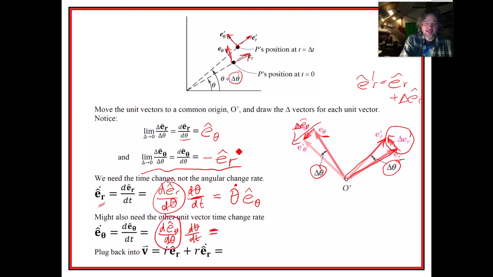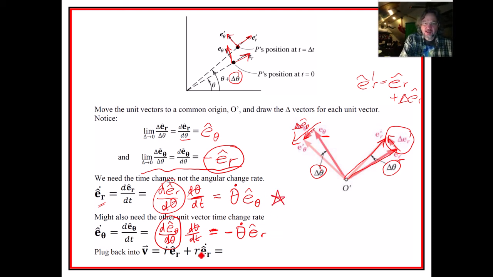Remember, we're replacing this with that, so we get negative theta dot e_r. It's pointing in the negative r direction, so it's pointing towards the center. This is going to be useful later on.